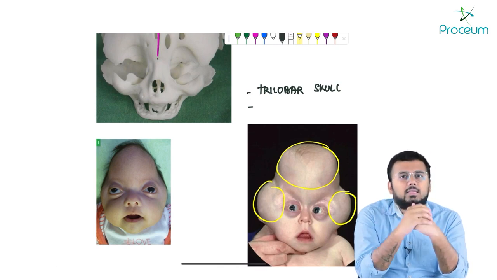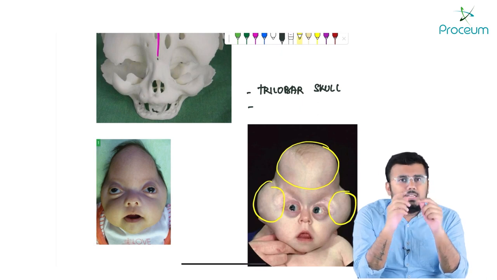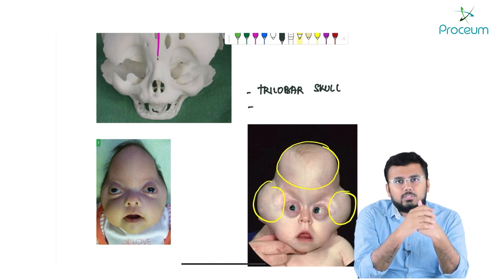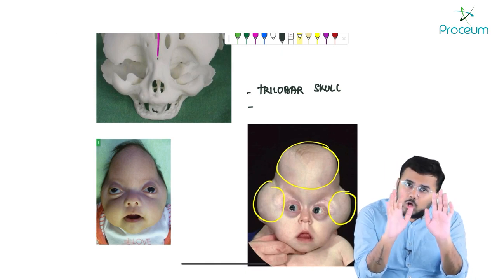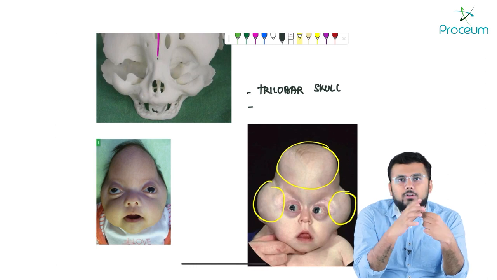And not only that, within your brain you have ventricles, right? If there is an excess amount of fluid within the ventricles, you call it hydrocephalus. And even if it is the normal amount of fluid, if you are not allowing it to pass, meaning there is some obstruction within the ventricles, that is also called hydrocephalus.